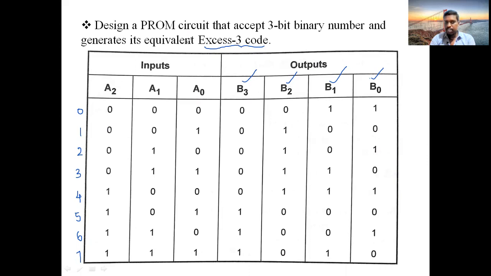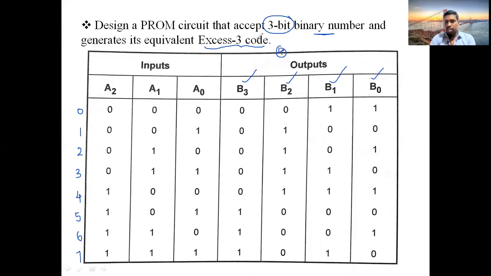Because they didn't mention it. In the input they specifically mentioned 3-bit. That's why I took only 3 bits, A0, A1, A2. But on the output side they didn't mention, so generally for XS3 code we will have 4 bits. That's why I took 4 columns separately: B0, B1, B2, B3.